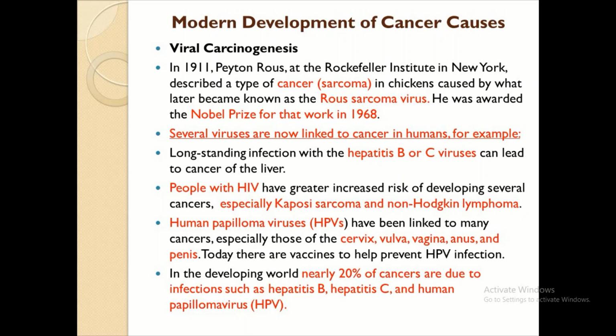After this discovery, the virus was named Rous sarcoma virus. He was awarded the Nobel Prize for that work in 1966. It was one of the very important findings of science.